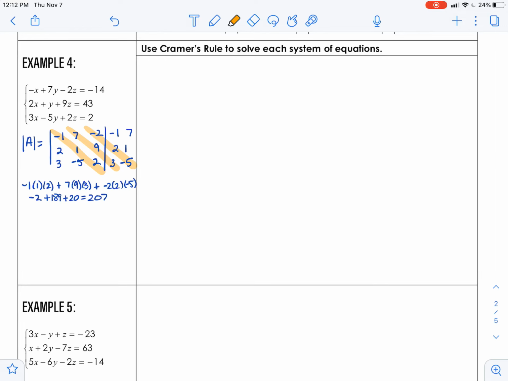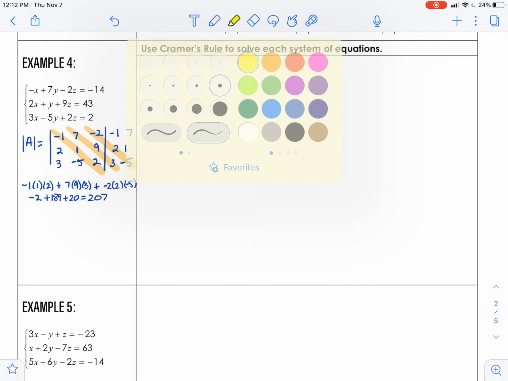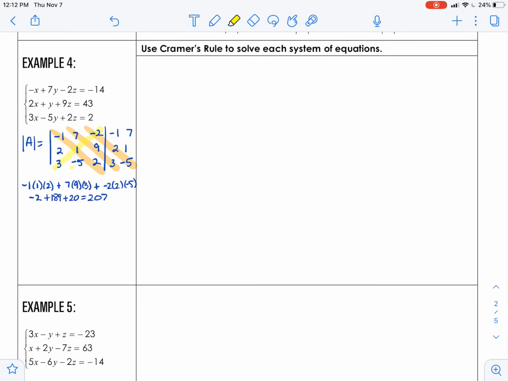Okay, and then we're going to do the upward. So here we go. Okay, and so same thing, I'm going to take 3 times 1 times -2 plus -5 times 9 times -1 plus 2 times 2 times 7.